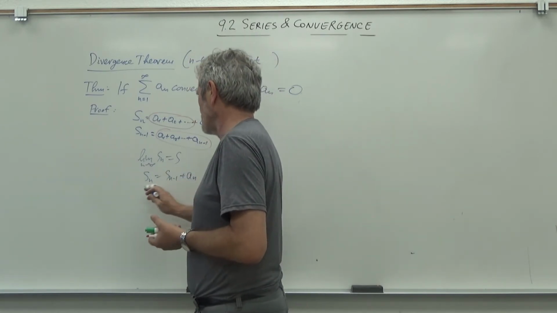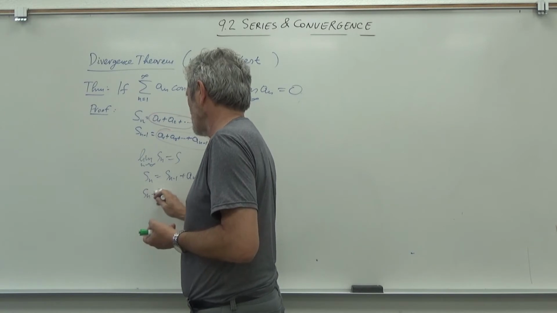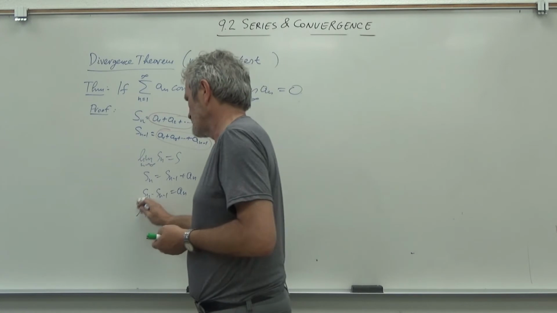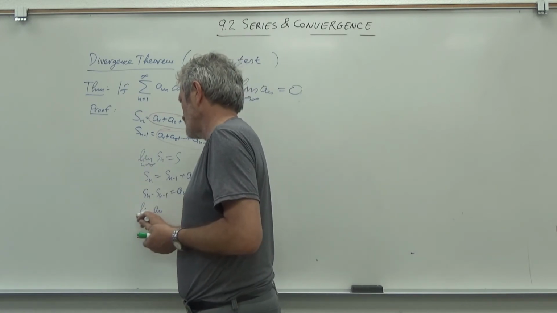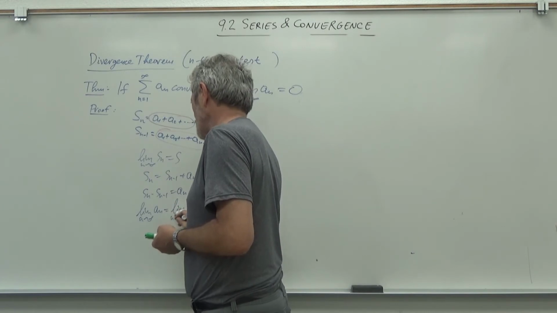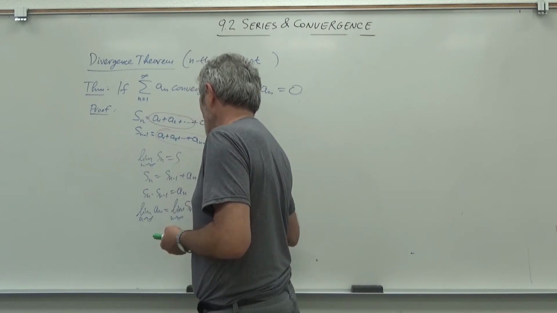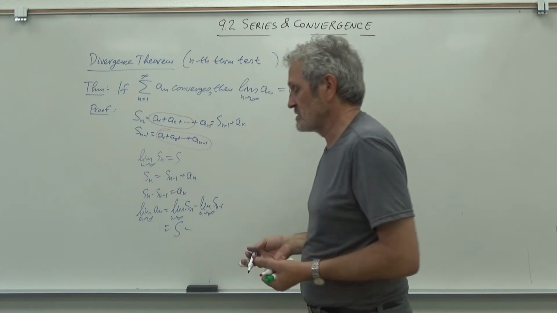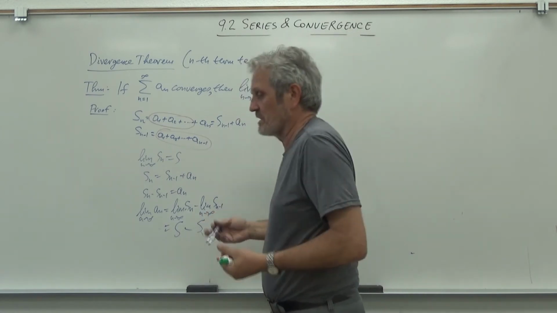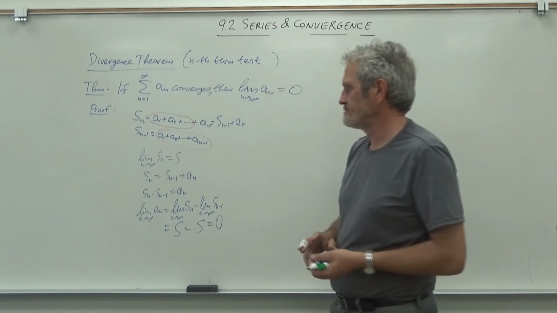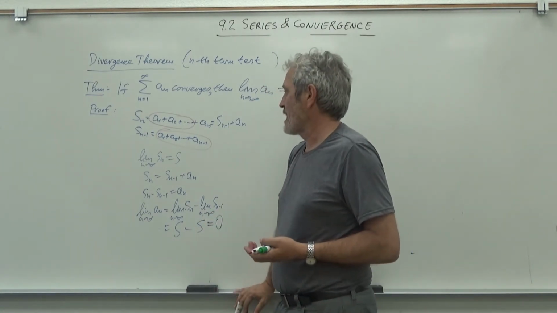Then we can say the following, that S_n minus S_(n-1) equals a_n. So the limit of a_n when n goes to infinity is the limit of S_n minus the limit of S_(n-1). How much is this limit? We said this. How much is this one? The same, it just goes one step later, but generally it has the same trend. So this is the proof.